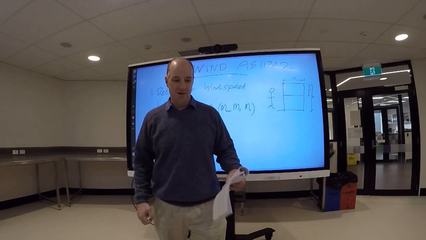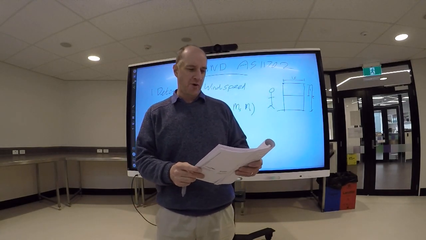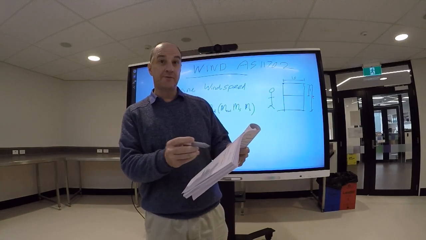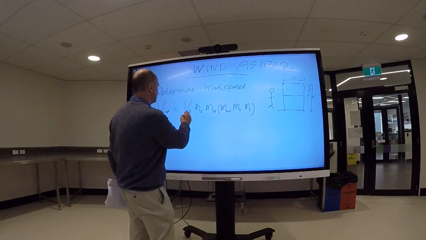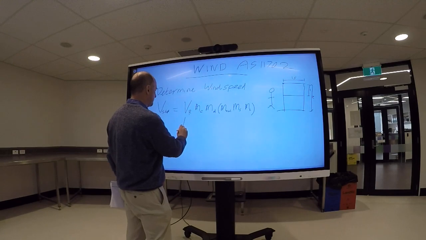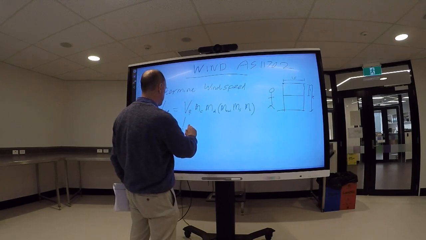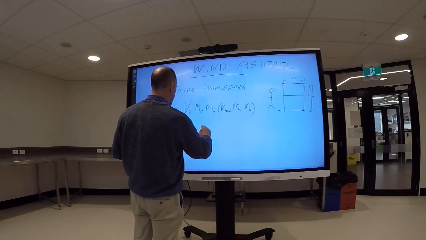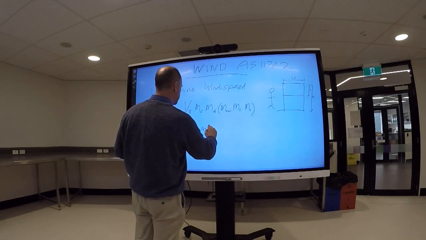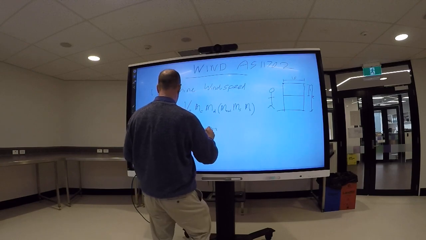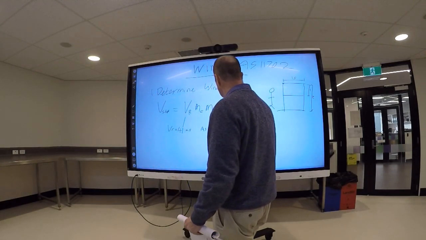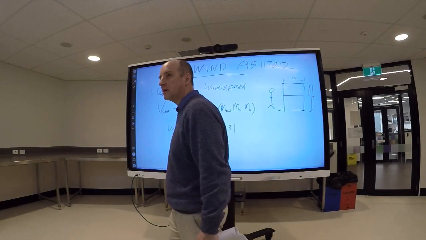Not a good look. Okay, so if we picked region A0, V100 is 41. From the table, I've got VR equals 41 meters per second, and that is from AS 1170.2, table 3.1.